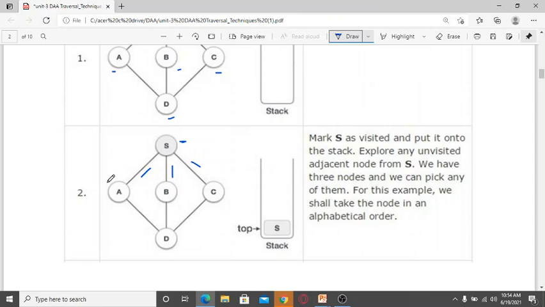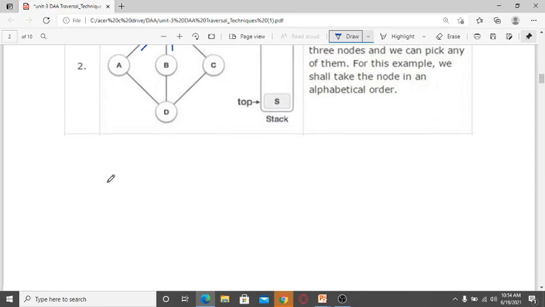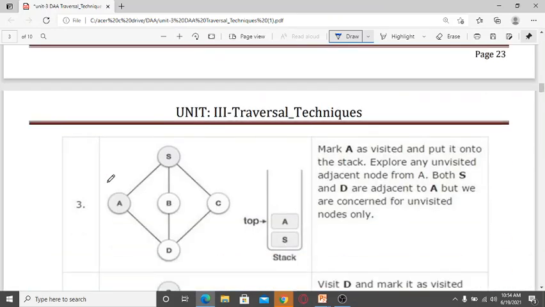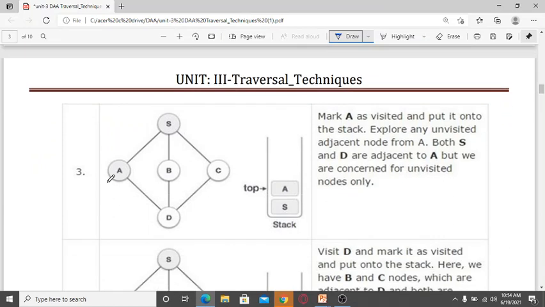So what do we take next? The next in alphabetic order is first A. So I am going to A now. From A, how many adjacent vertices are not visited?